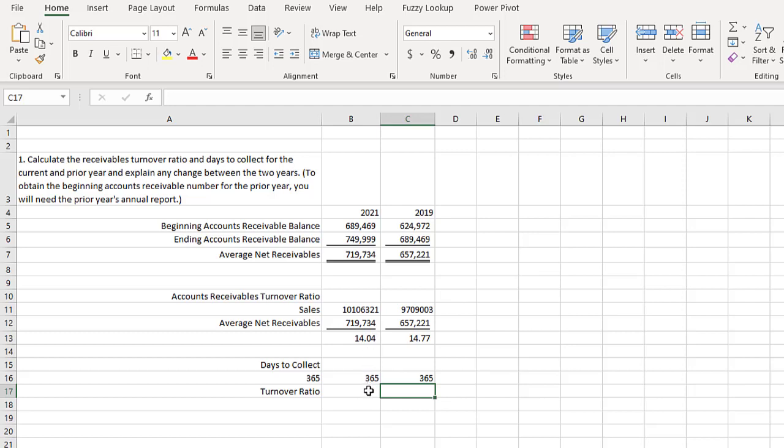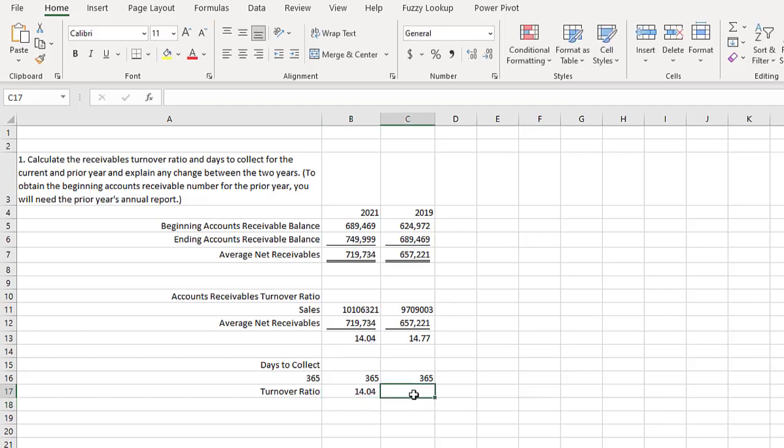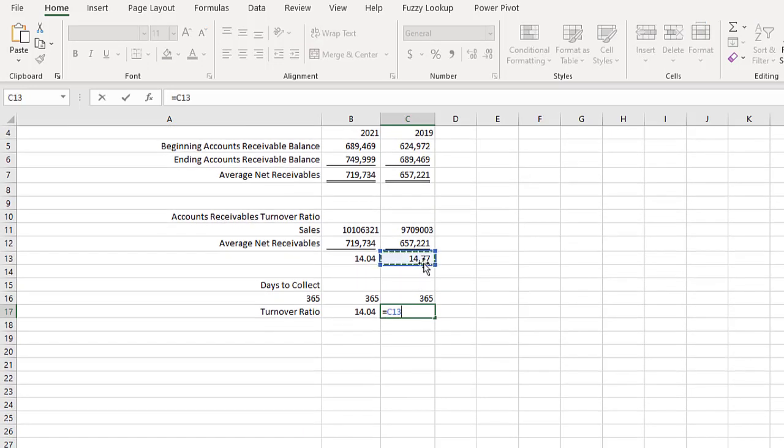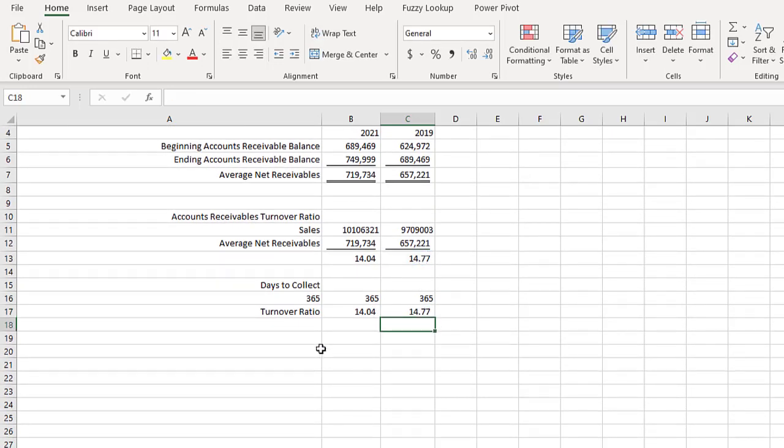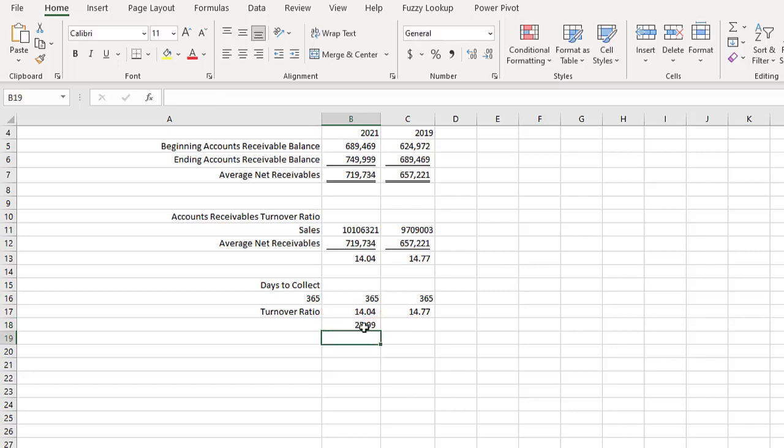And then I'm going to just select my turnover ratio above, and then do my division. So equal to 365 divided by 14.04, 25.99 days, and copy that over, and 24.71.